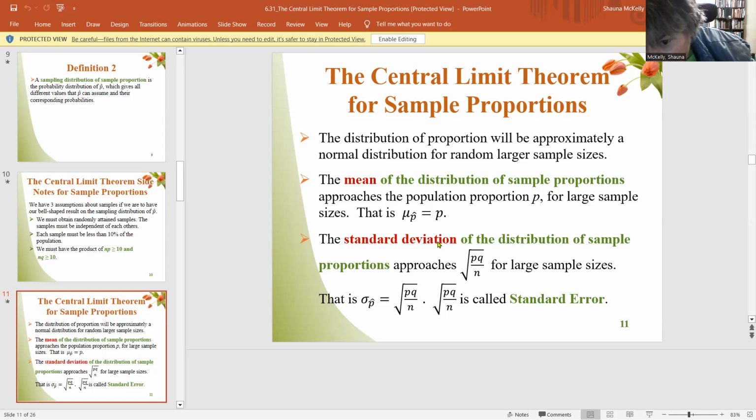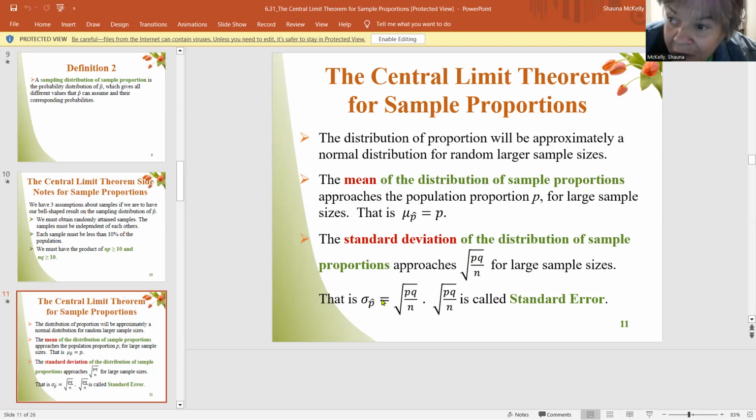The standard deviation, or the standard error, is going to be the square root of P, Q over N. These are population proportions. N is your sample size. So here's your standard error there.